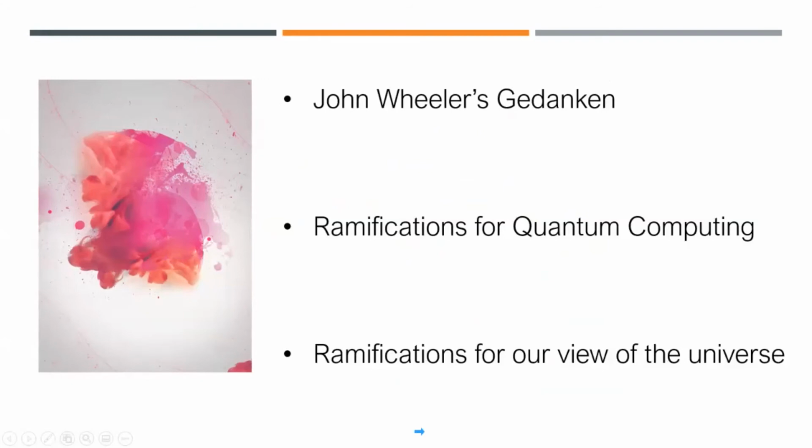John Wheeler, a Gedanken is a thought experiment. John Wheeler is one of the greatest physicists that's ever lived. There have been some wonderful ones, like Einstein. Einstein's achievements are almost unbelievable, what he achieved. Four papers in one year. His Annus Mirabilis in, I think it was 1912, could be 1905. No matter what, unbelievable. So Einstein's fantastic.